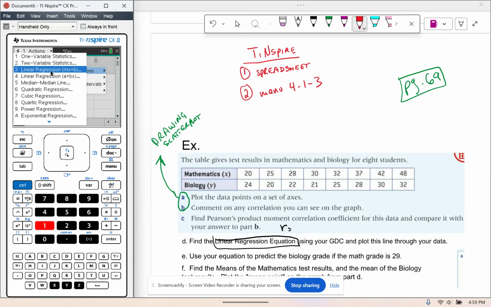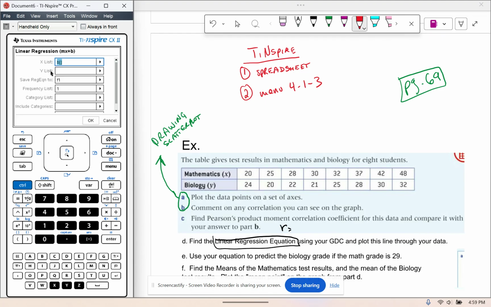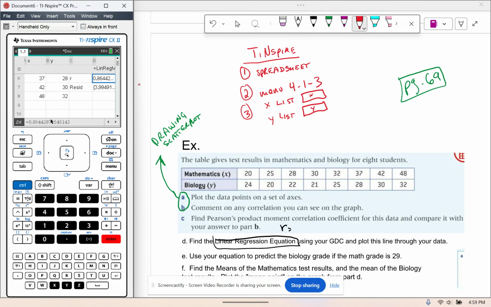All right, which is good. In this part, you want to put in the X list, which you guys are good at. In your Y list, you want to put your Y. So I'm going to put an X there, a Y here, and I'm simply going to press enter. And now I have my values.